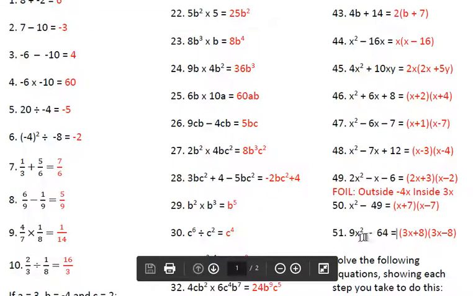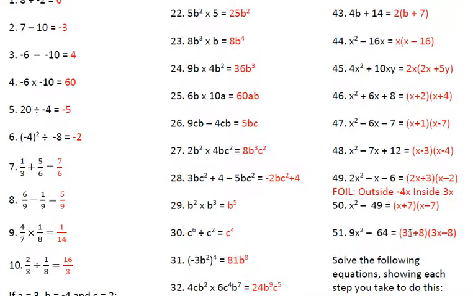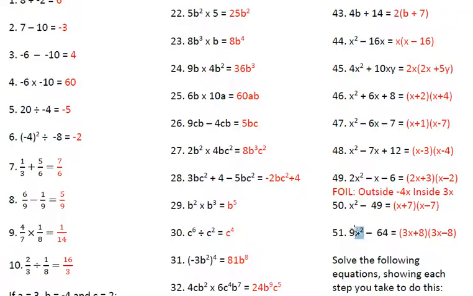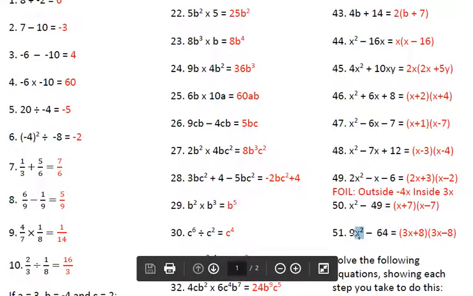Now, one that's slightly more complicated: we've got to actually take the square root of both of these numbers here. So we take the square root of 9 to give us 3, and then we write down x. The square root of x squared is in fact x, so we're actually taking the square root of everything here.